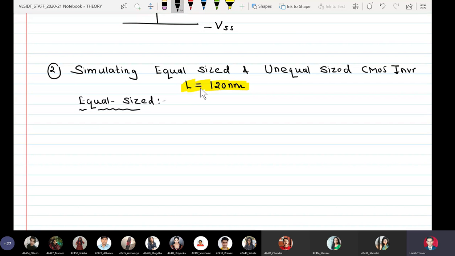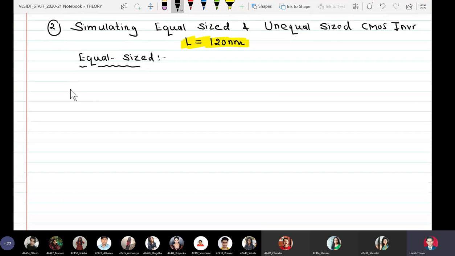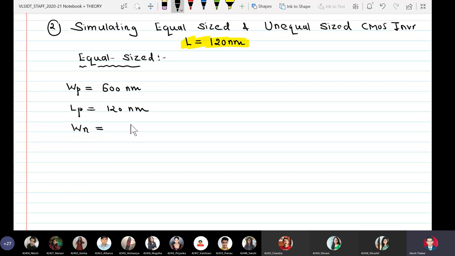So for equal sized we have WP 600 nanometers, LP will be 120 nanometers, WN will be 600 nanometers, and LN will be 120 nanometers.